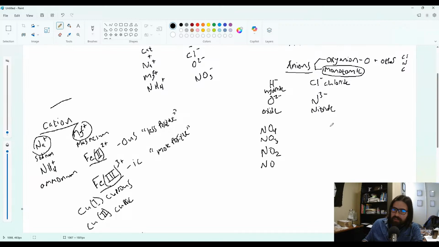Okay, so here's the rules. I'll write them over here. Most common version of a particular oxyanion, I'll just do oxy for short, gets the "ate" suffix.